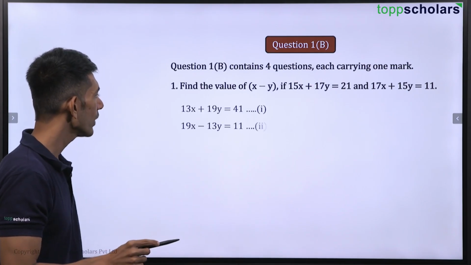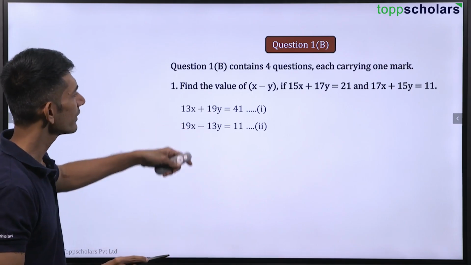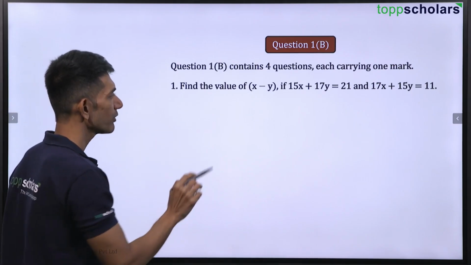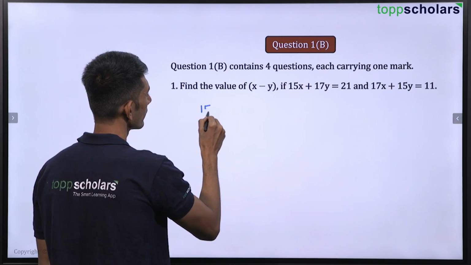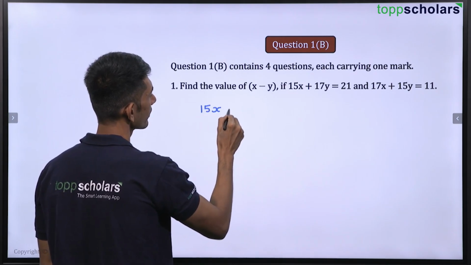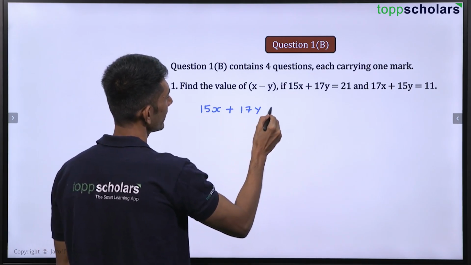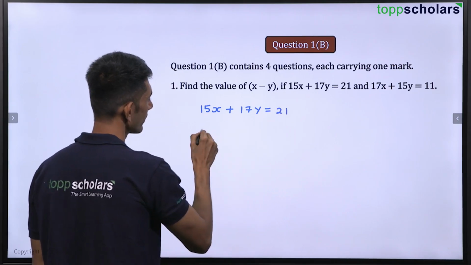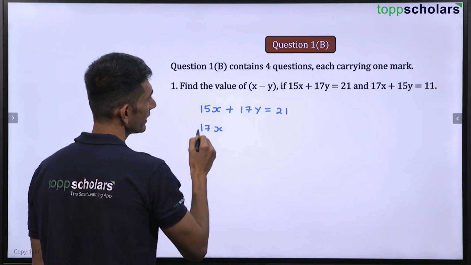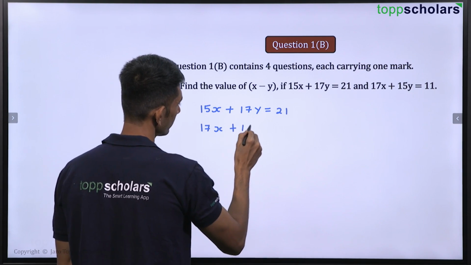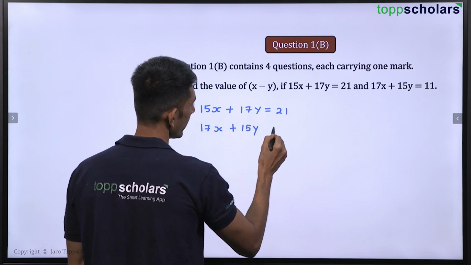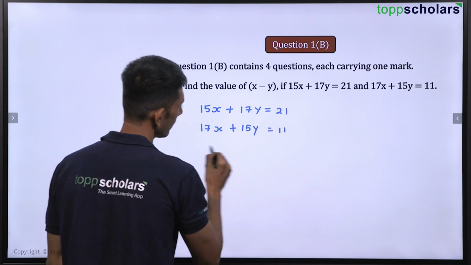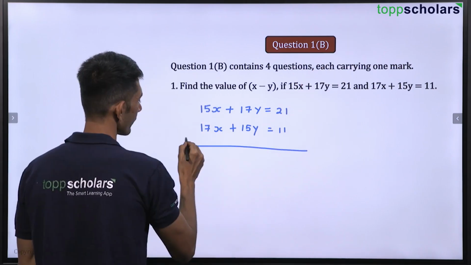So what do I have? Okay, these are 2 different equations. Okay, so let me solve this for you. It is 15x plus 17y is 21. 17x plus 15y is 11. Subtract them.